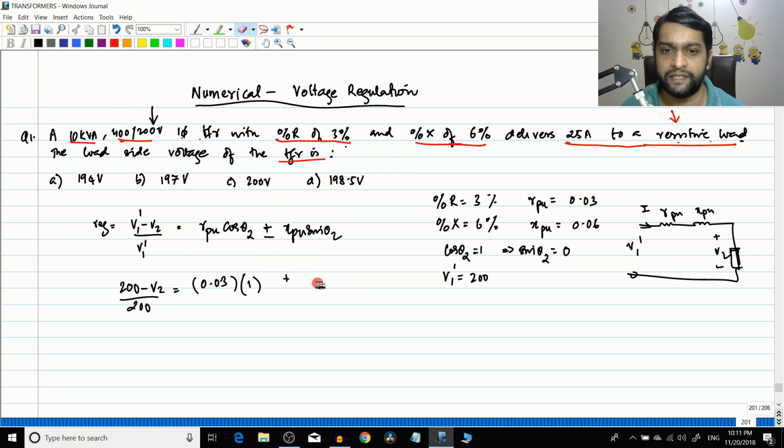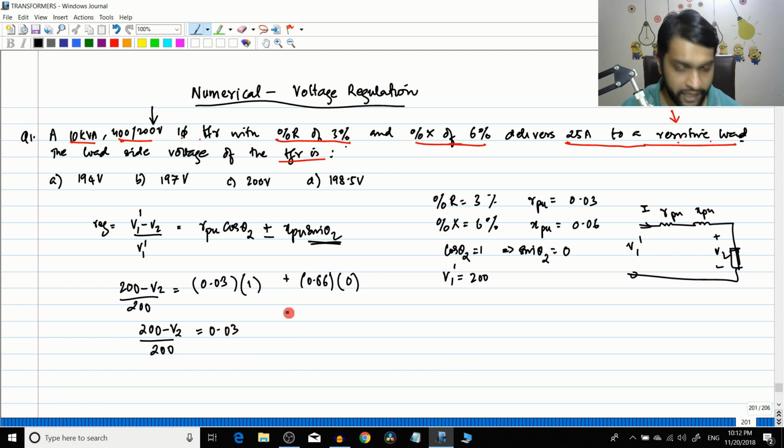But it doesn't matter here, because the XPU value is 0.06 multiplied by sin theta 2, which is 0. Therefore (200 minus V2) divided by 200 is equal to 0.03. From this we can easily calculate the V2 value to be 194 volt. Therefore the answer for this question is answer A.